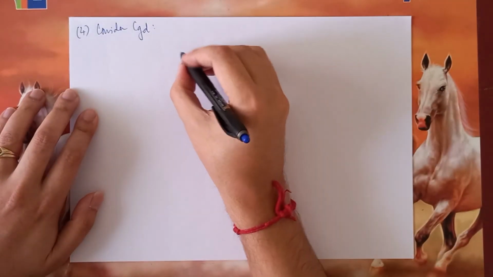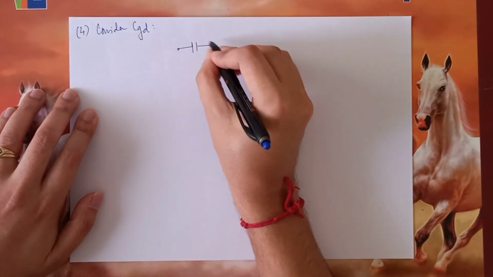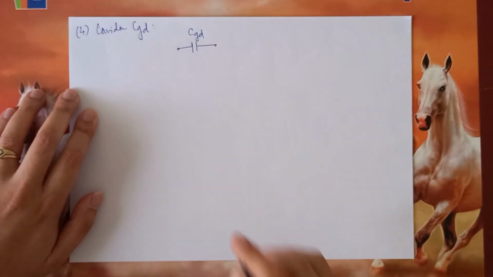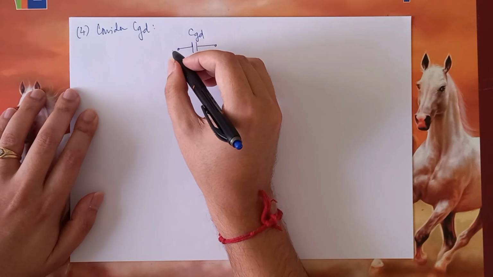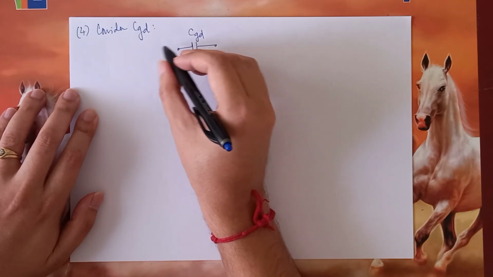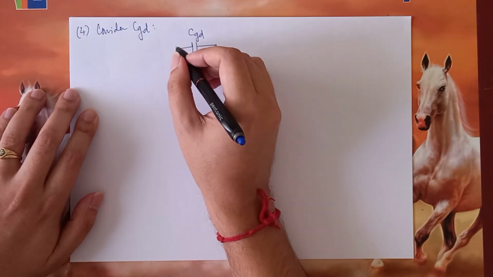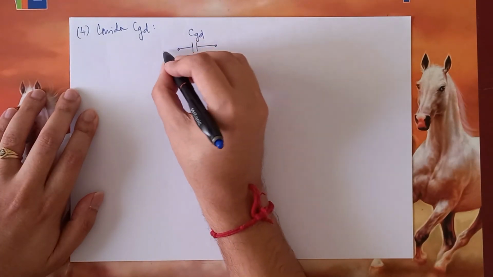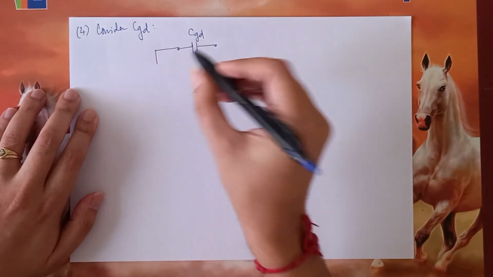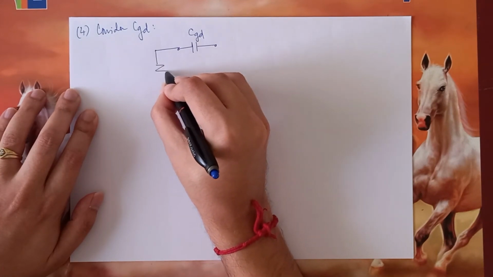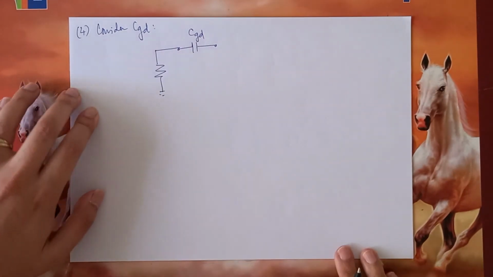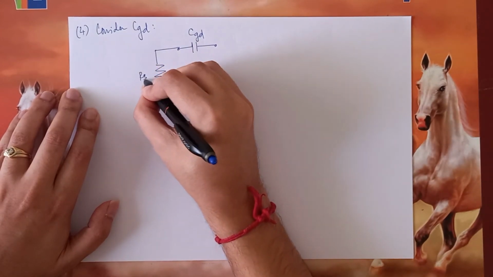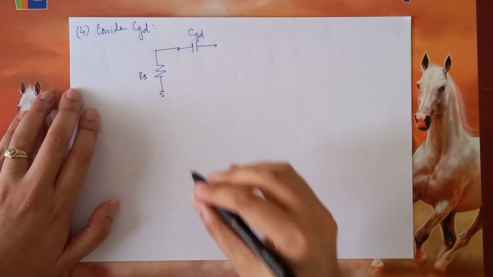so we need to make the others open circuit. So what we will do is we will also deactivate the other sources to calculate the net resistance. So we will deactivate the independent sources. Dependent sources we cannot deactivate so easily. So Rs will look like this.